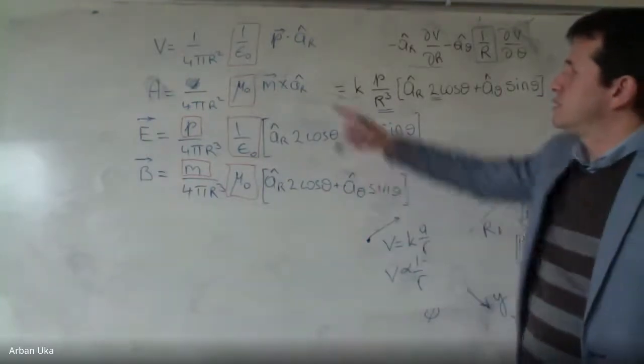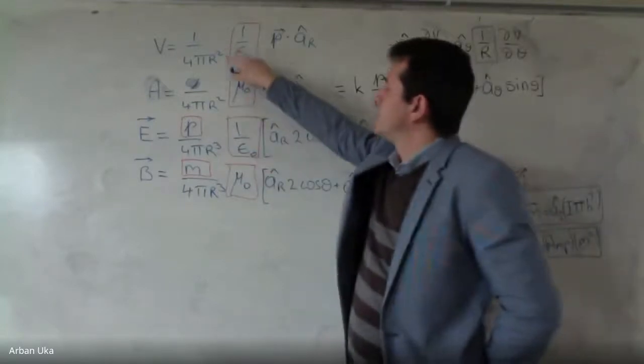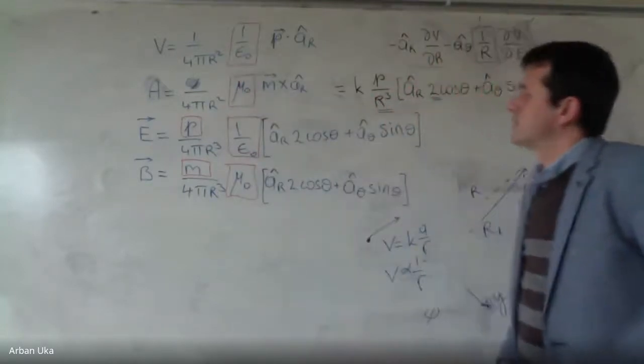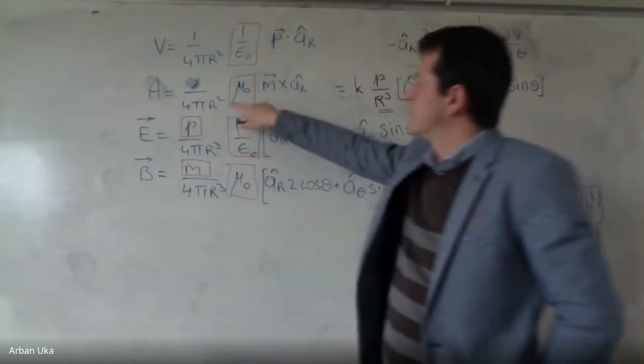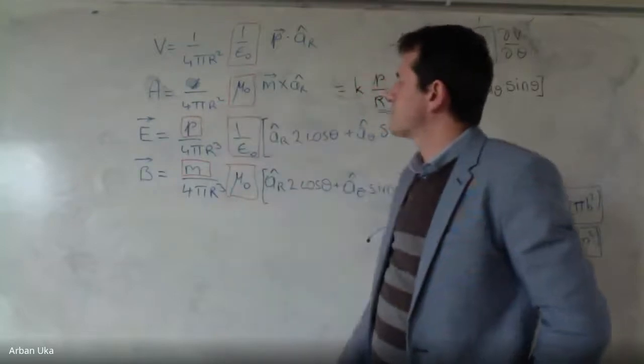But here we did a couple of approximations, and as a result the potential is proportional to 1 over r squared, and similarly this term is also proportional to 1 over r squared.